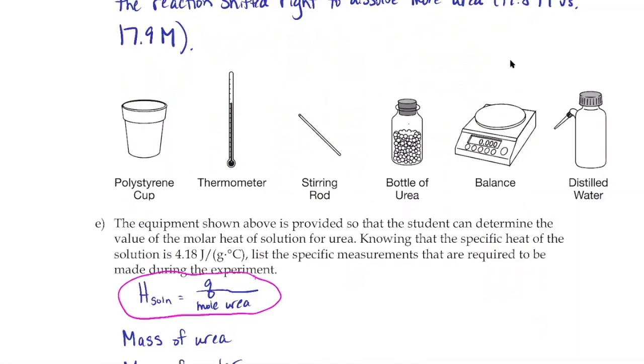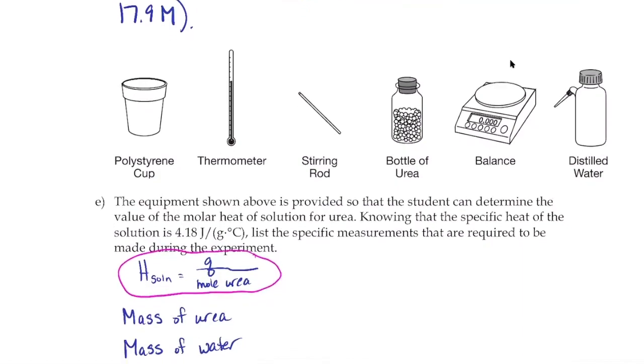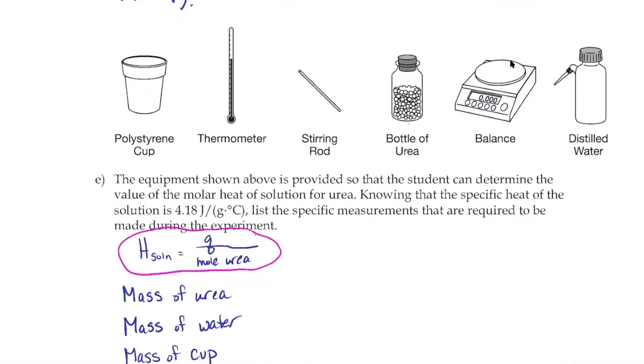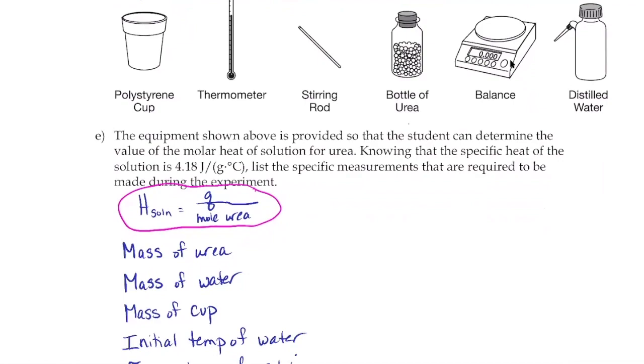And so when you look at the supplies that you're given, you've got your urea, a cup, some water, a balance, thermometer, all that kind of stuff. So if you want to know the heat of solution, how much energy is being released by that urea upon dissolving, actually I should say it's endothermic, how much energy would be absorbed by your urea as it dissolves, you would need a few different things.